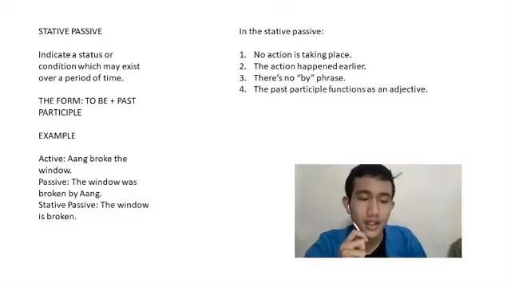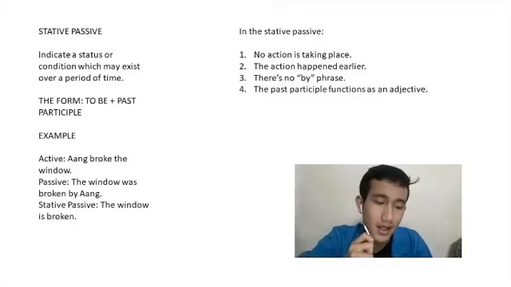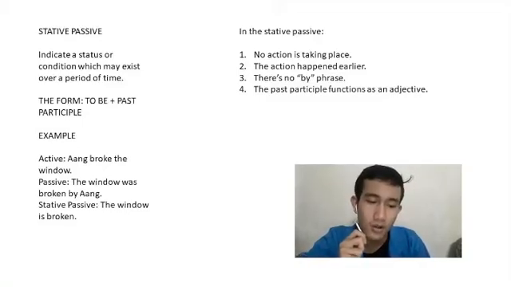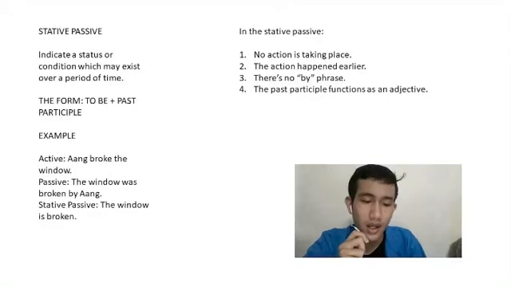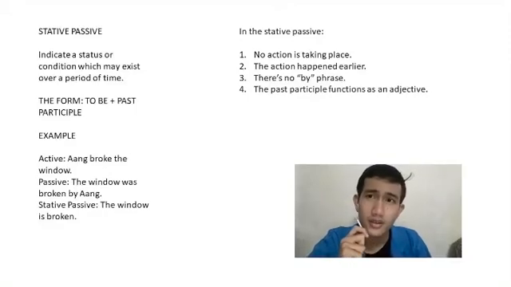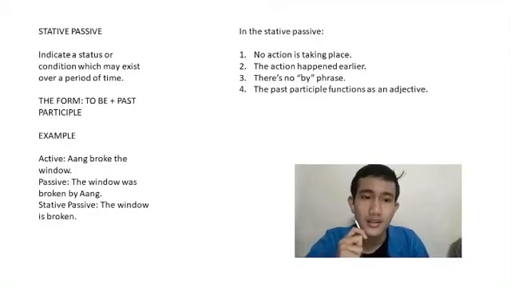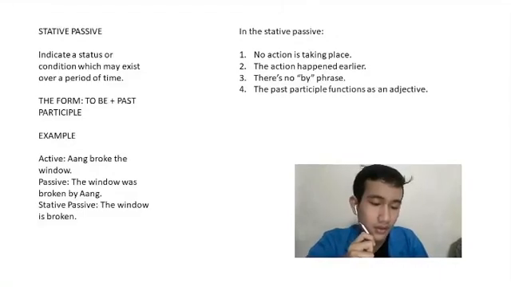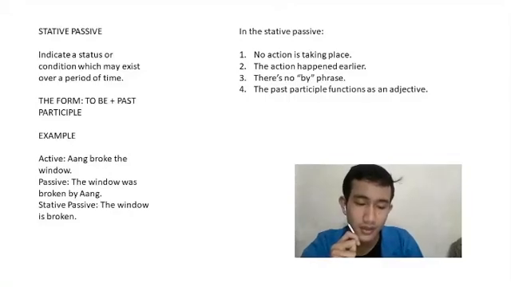You can see in this stative passive, the window is broken is already done, or the condition exists over a period of time. And you can see that this stative passive is very different from a passive sentence.